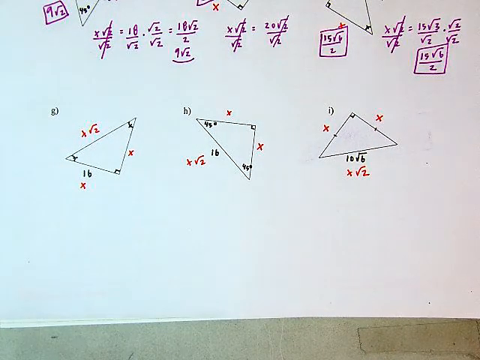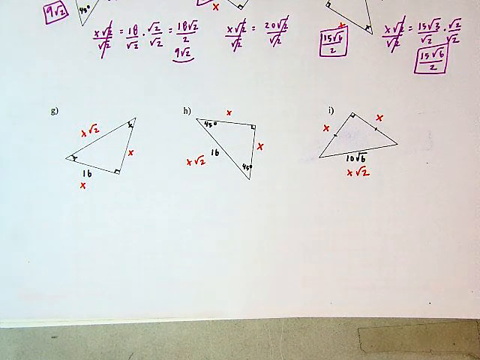So remember that going leg to hypotenuse, we're multiplying by root 2. Hypotenuse to leg, we're dividing by root 2, and then sometimes we have to rationalize. So I'm just going to remind you that another way of approaching it, if I'm going from hypotenuse to leg, is to take half of the value and multiply by the square root of 2.